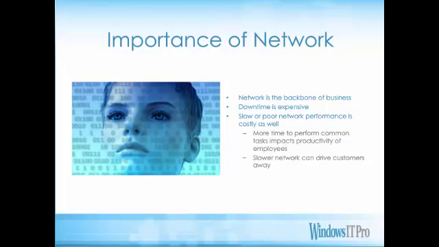It probably wasn't the best way to do it even then, but we could get away with it because we weren't as dependent on the network as organizations are today. When you have cloud applications and you're running virtual applications across the network, everything is much more network-centric today than it was. So the network is more crucial than ever for your business.